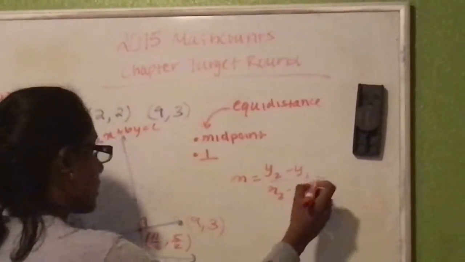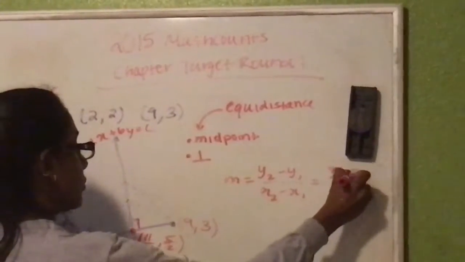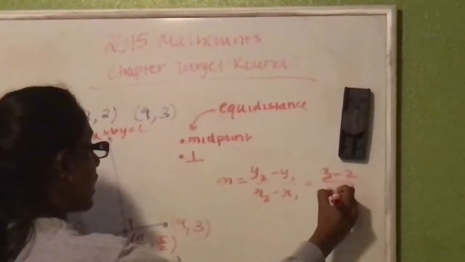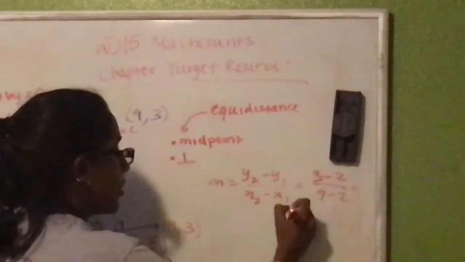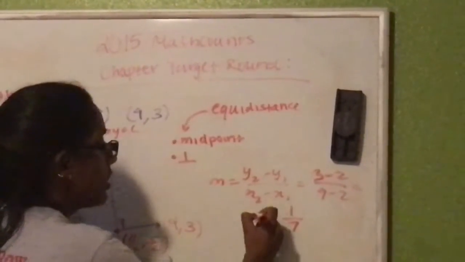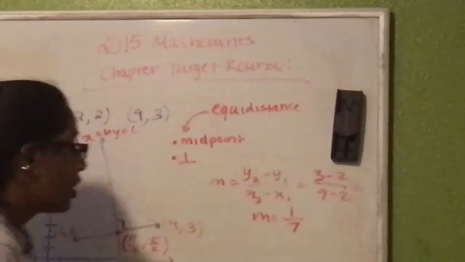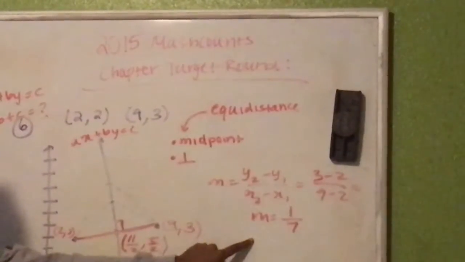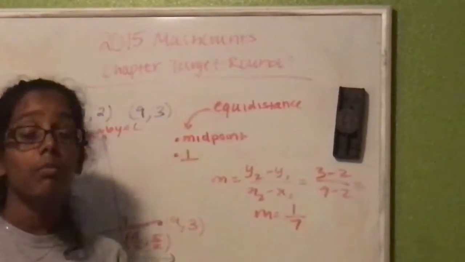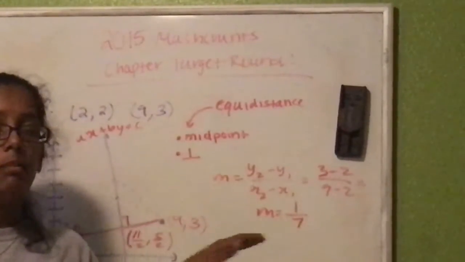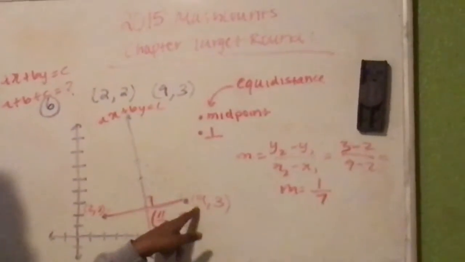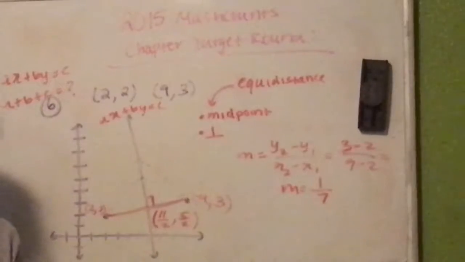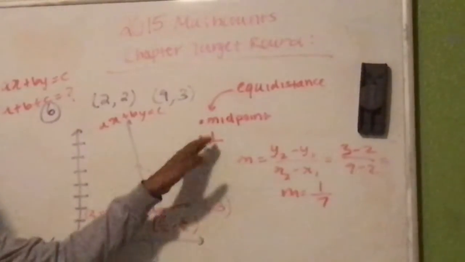So that gives us 3 minus 2 over 9 minus 2, which gives me 1 over 7. So we know that the slope for this line right here is 1 over 7. But remember to not stop here, because that is not our final destination. We actually need to use this information to find the perpendicular slope.